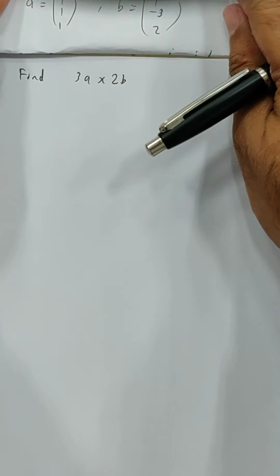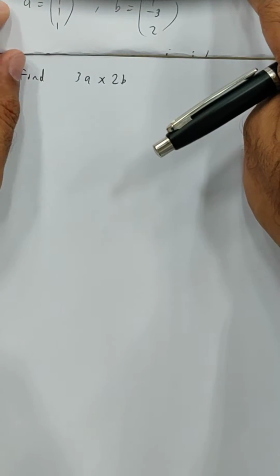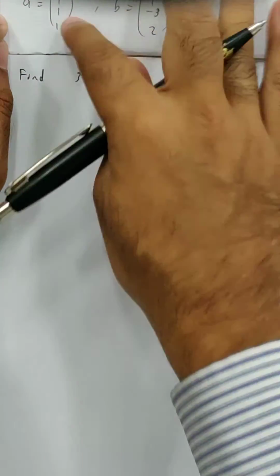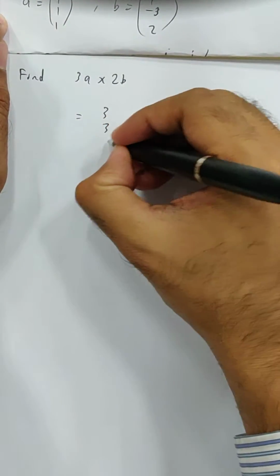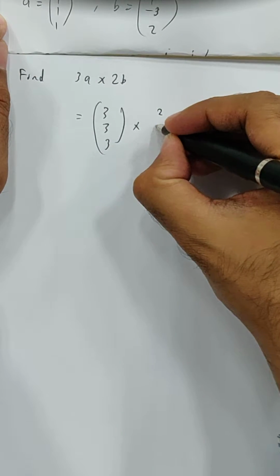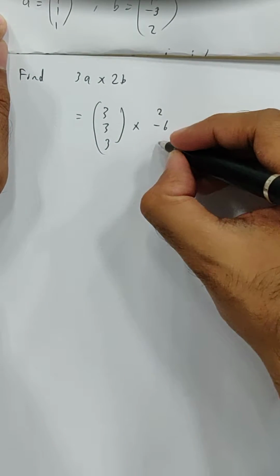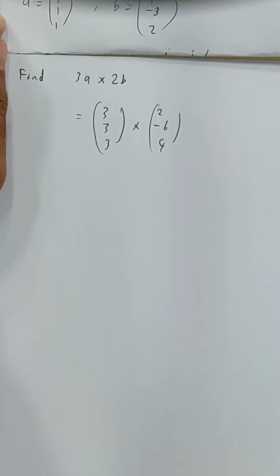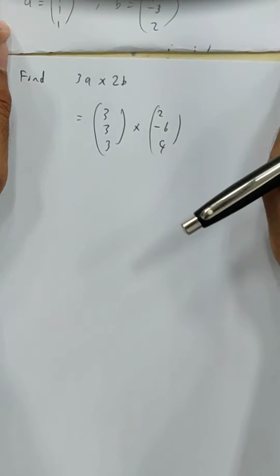How will you do? So you got yourself 3, 3, 3 cross with 2, negative 6, 4. Can you calculate them now by your own? I give you 1 minute. Viewers, you can give them a try.